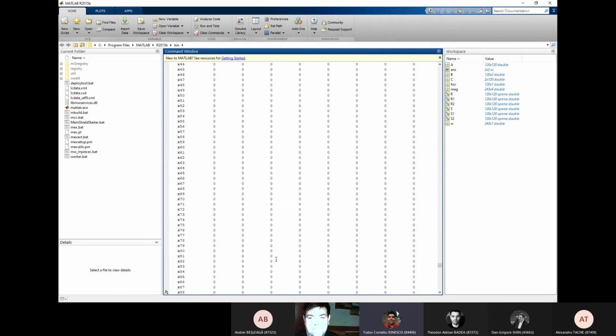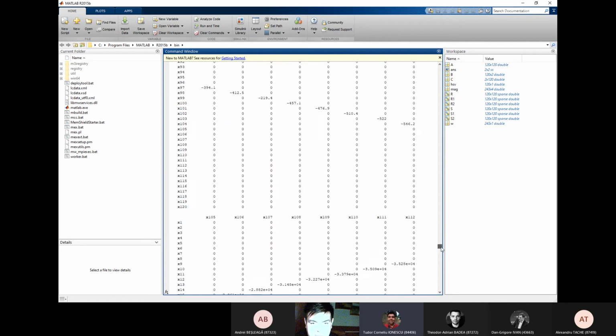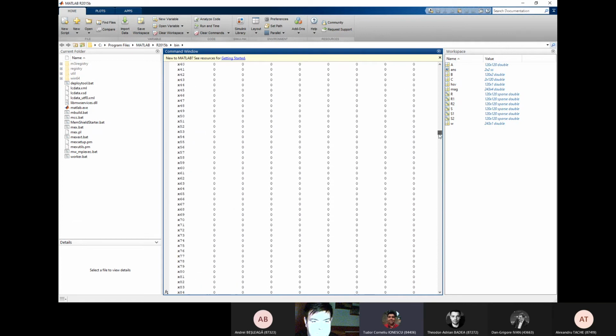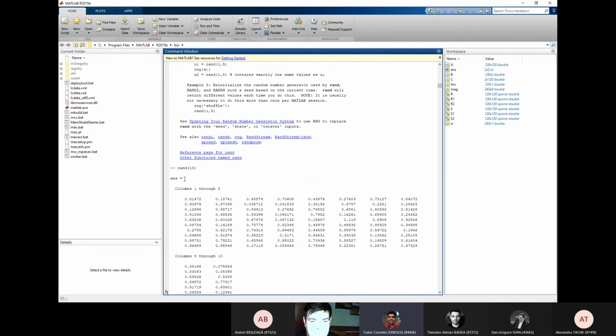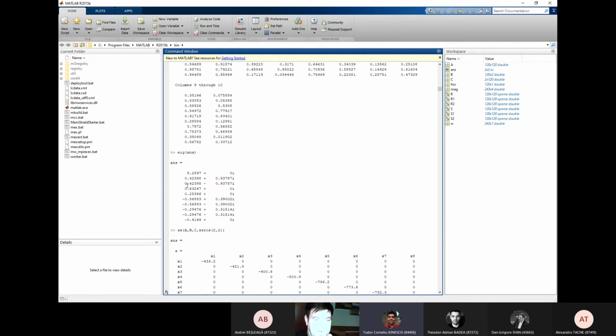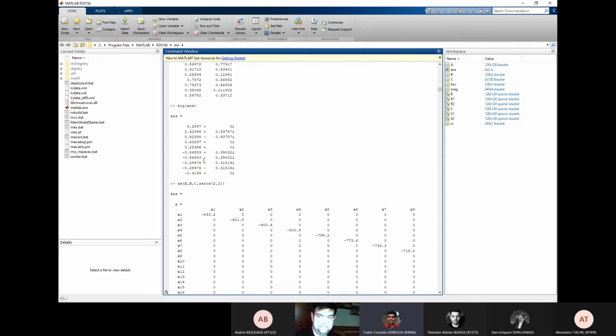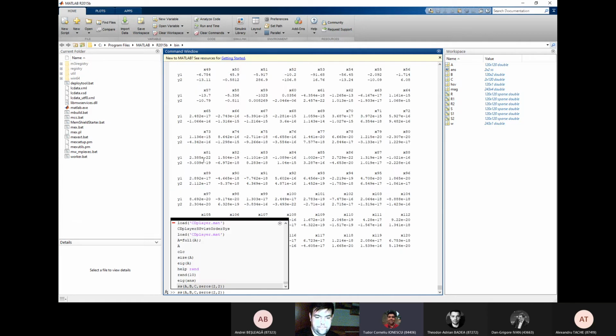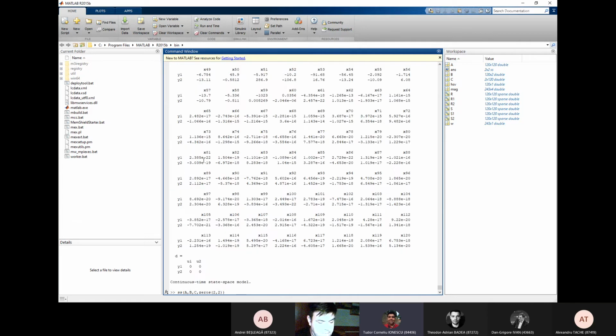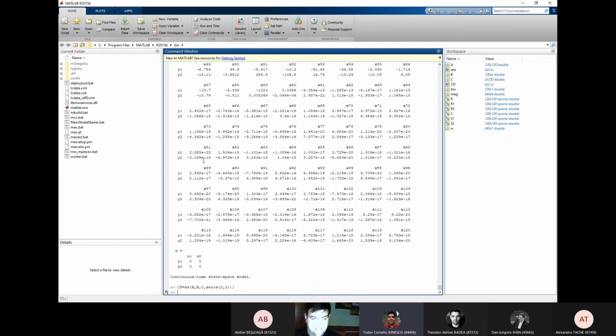Look how big the dynamical system is, computed using these matrices A, B, C. MATLAB knows how to turn these matrices into a system. I should give a name to this. Let's call it CD. Now I'm going to put a semicolon, so it's not going to show it anymore on the screen. We've got a state space system.